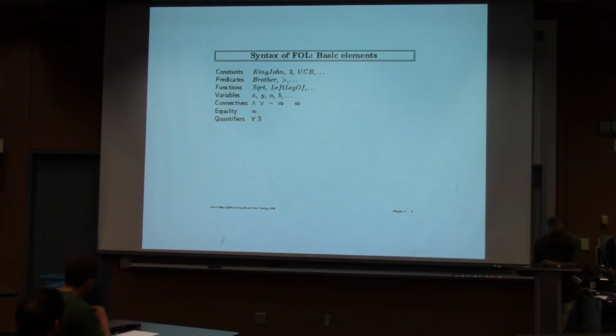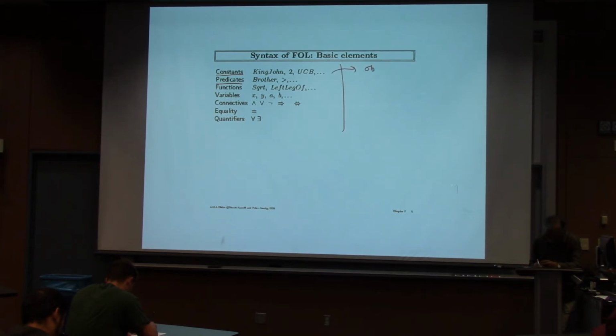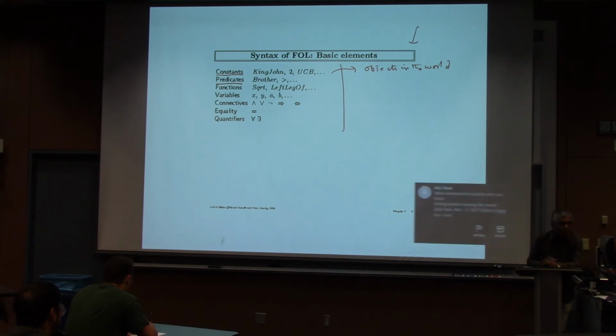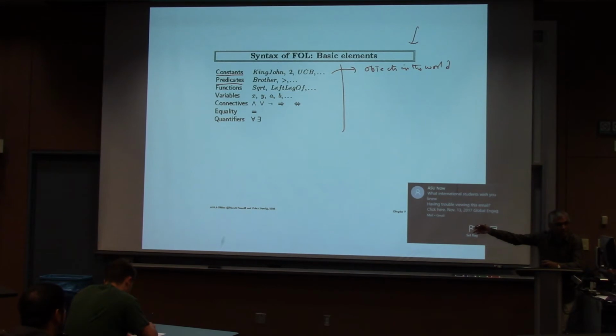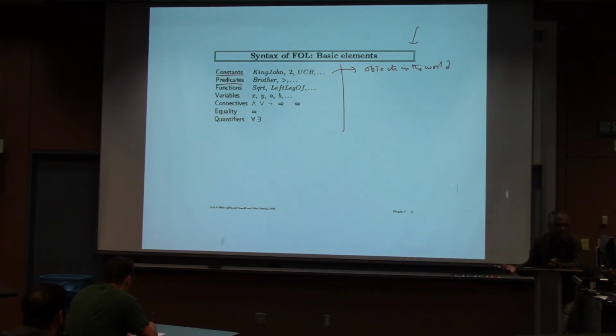The syntax of first order logic contains constants, predicates. Think in terms of constants corresponding to objects in the world. As I'm writing this, I'm talking about what it corresponds to in the world. In general, talking about what a statement's innards correspond to in the world, that's actually the semantics of the statement.